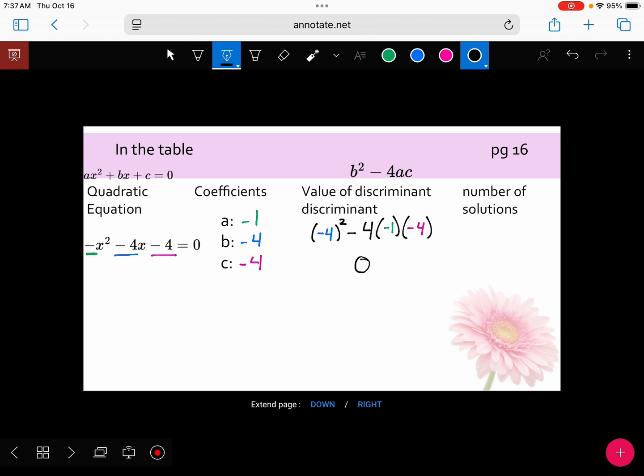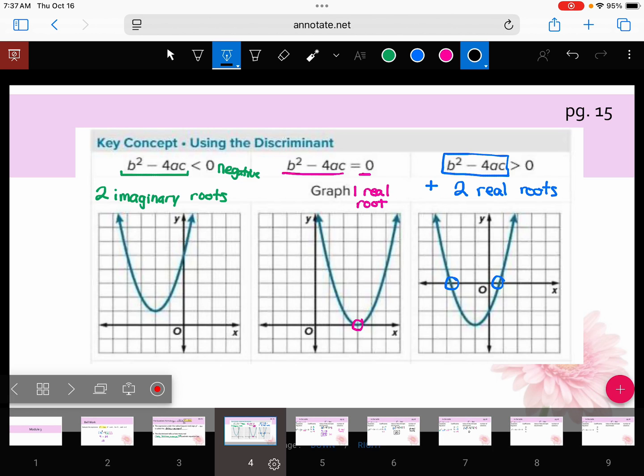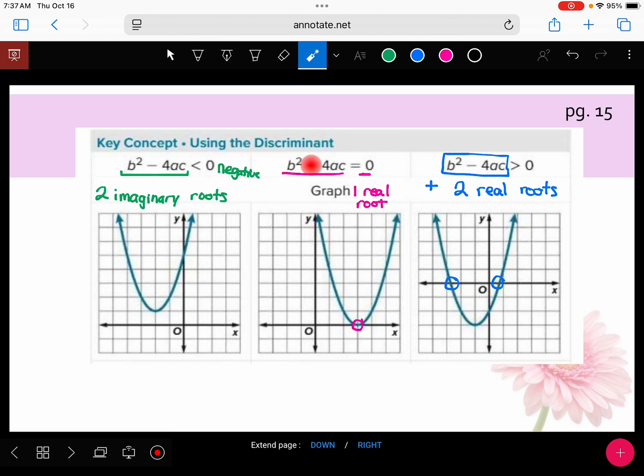So if the value of our discriminant is 0, how many roots are we going to have? If our discriminant equals 0, how many roots do we have? 1. That's this one in the middle.